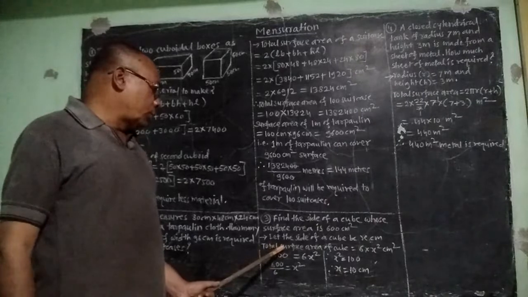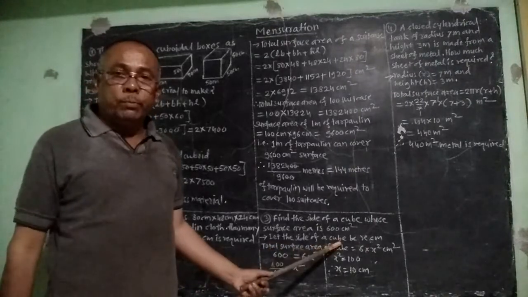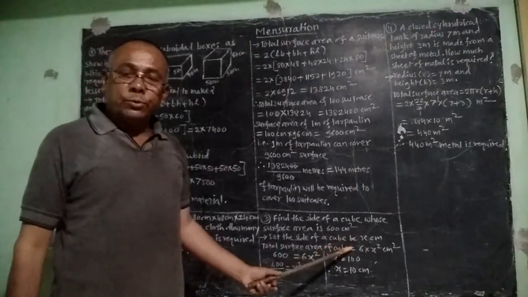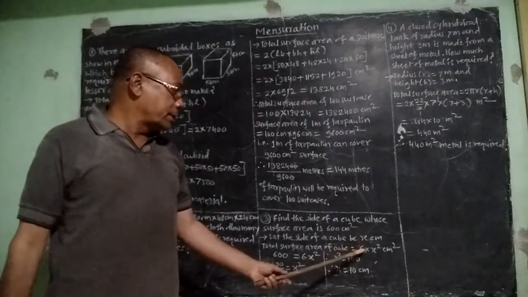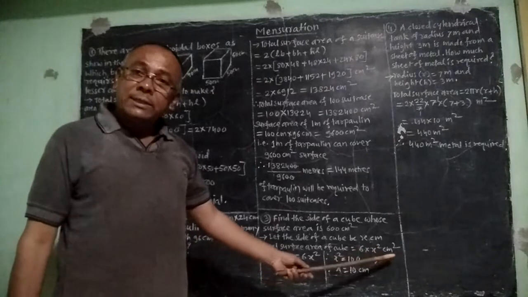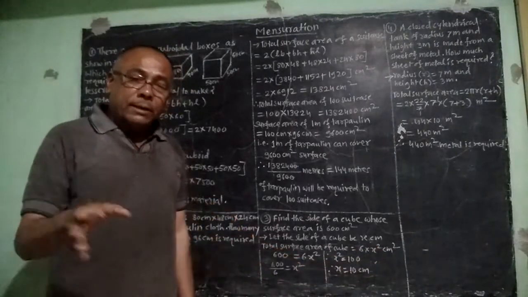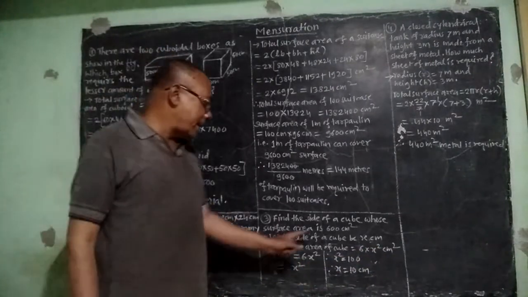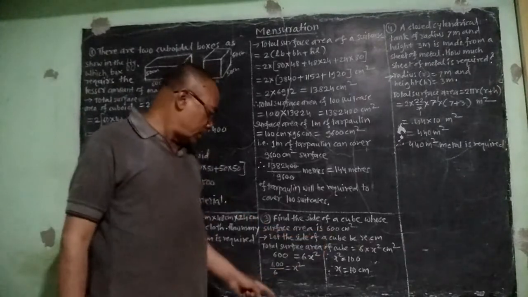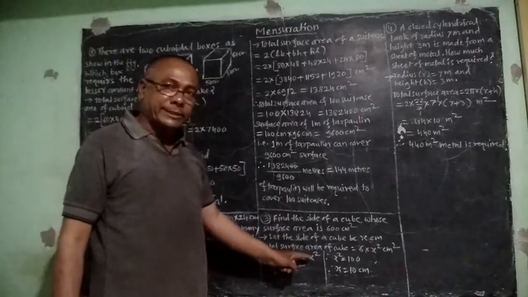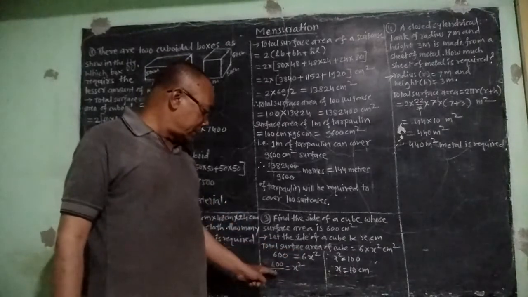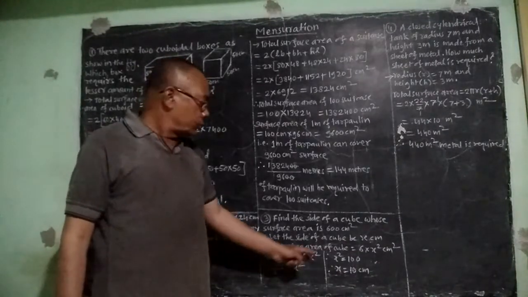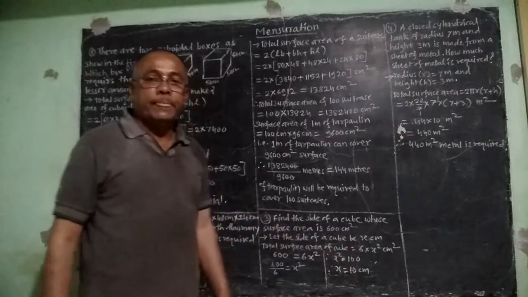and therefore total surface area of a cube is equal to 6 into side square, and that is equal to 6 into x square centimeter square. But the total surface area is given 600 centimeter square, so 600 is equal to 6x square, and 600 upon 6 is equal to x square, so x square is equal to 100.